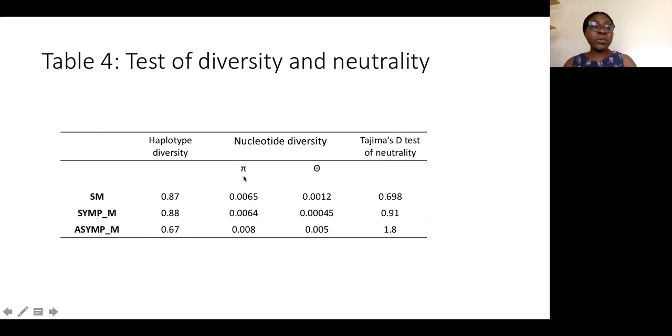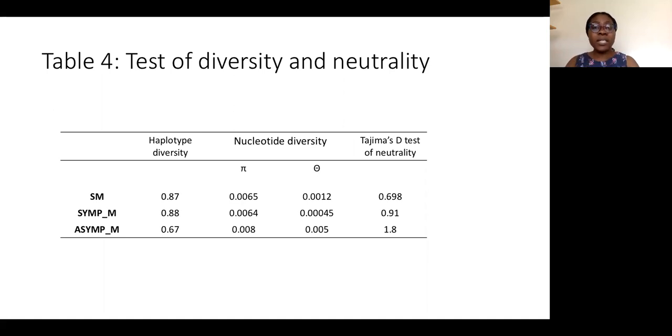So in the nucleotide diversity, we looked at these two. The first one here estimates the differences between two sequences. While this other statistic estimates how many different sites we have per sequence.